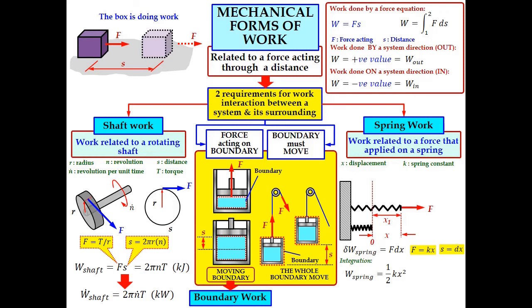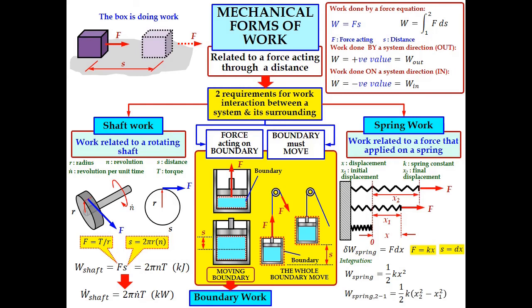For the case where at the initial state we have already exerted a certain force, the displacement is represented as x1, and at the final state we apply more force in order to obtain more displacement, x2. So x1 is the initial displacement and x2 is the final displacement.